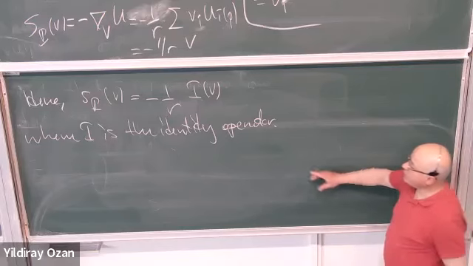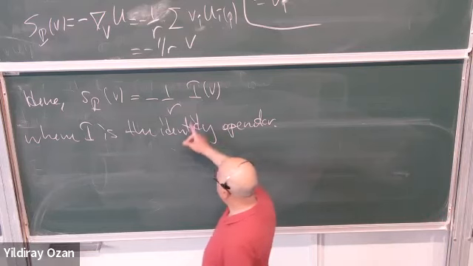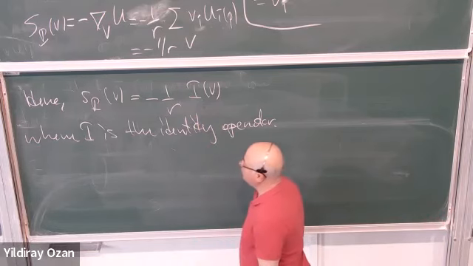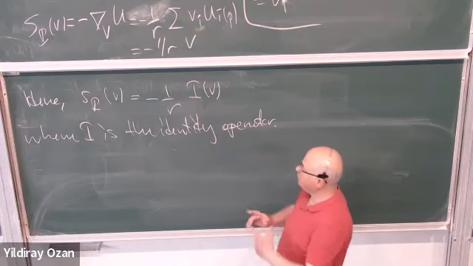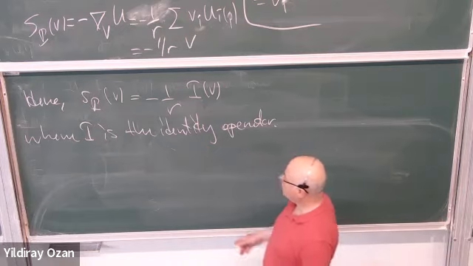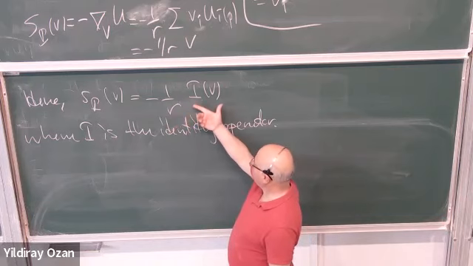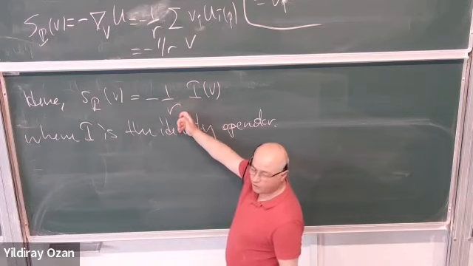Okay, so let me just tell you one thing about this observation: the shape operator for the sphere of radius r is just the identity map times 1 over r.